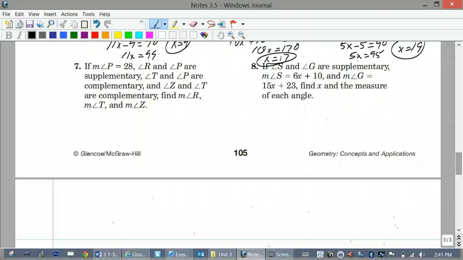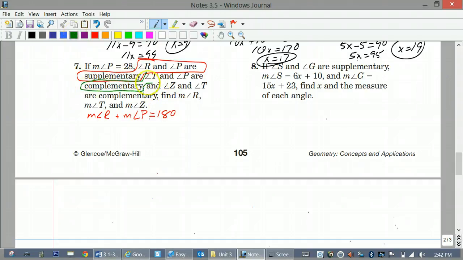What I need to do is read in part and chunk the wording. I need to underline or circle the groupings of words and translate that into symbols as I read. If I don't do that, I'm not going to be successful. So do it the way I do it. Remember, supplementary means to add to 180.